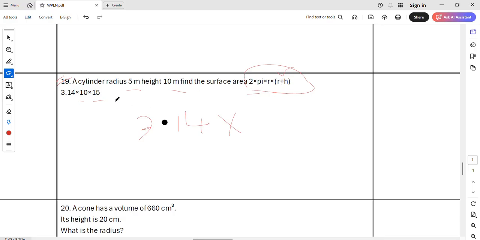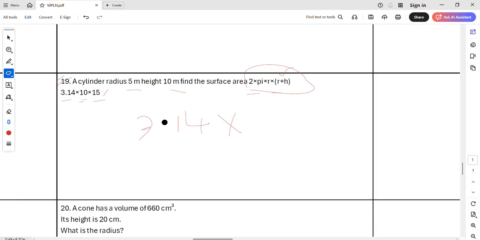Okay, so based on the formula, pi is 3.14, height is 10 meter, and radius 5 meter, so together addition is 15 meter.